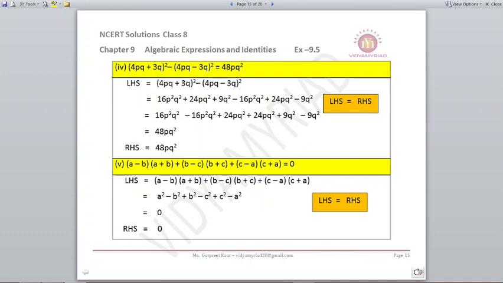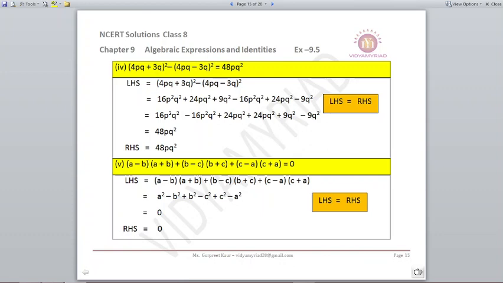(4pq plus 3q square) the whole square minus (4pq minus 3q square) the whole square is equal to 48pq cube. So your left hand side is made up of the (a plus b) the whole square formula and the (a minus b) the whole square formula. Take care of the minus sign.